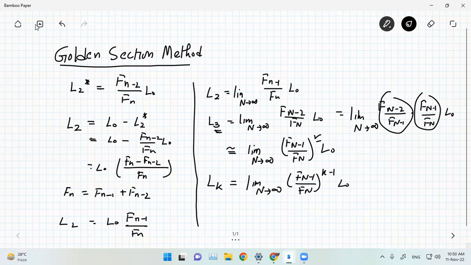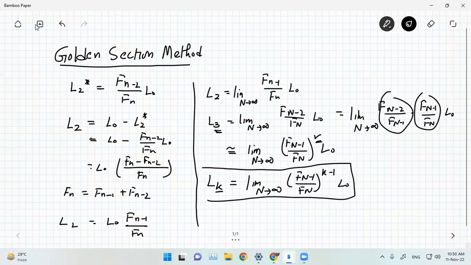Bottom line is, if n is too high, the Fibonacci numbers will approach infinity, but the ratio will have a constant value. So this is also somehow our golden ratio. This is the formula we are going to see.